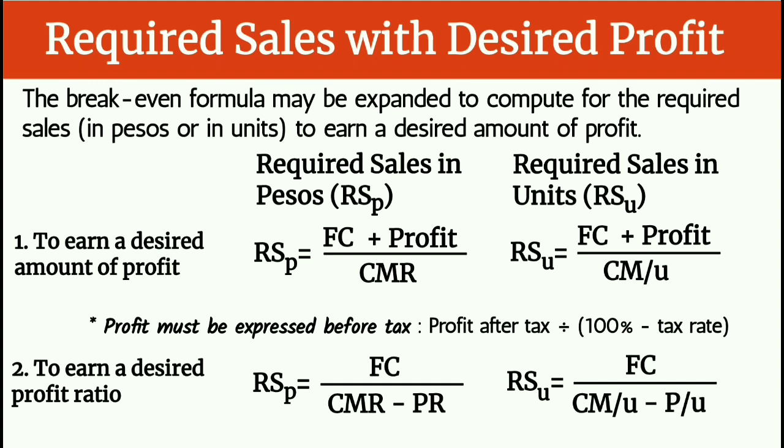So that means fixed cost divided by CMR minus PR for the required sales in pesos. And for the required sales in units, that is fixed cost divided by contribution margin per unit minus profit per unit.